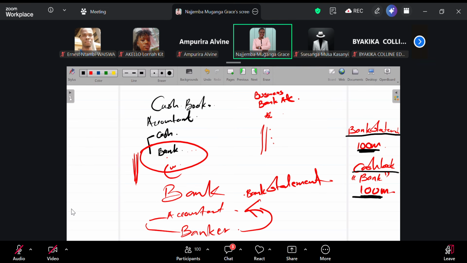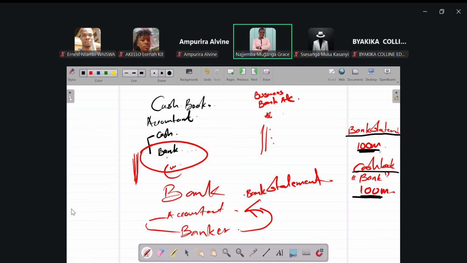Sometimes on the bank statement, the banker could say you have 80 million, probably you have less, and yet the accountant is stating 100 million should be in the business bank account.